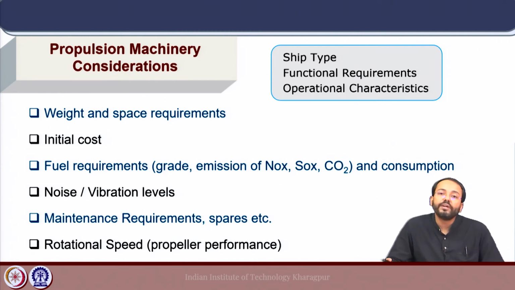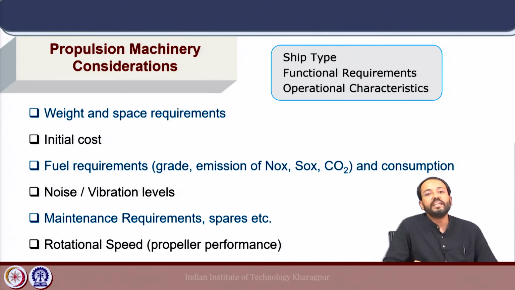So, the ship type as well as the functional requirement and operation characteristics will be important in the choice of the propulsion machinery for a specific ship type. Now, we will look into diesel engines for this specific course, which will basically cover the main aspect of engine propeller matching as included in this particular lecture.